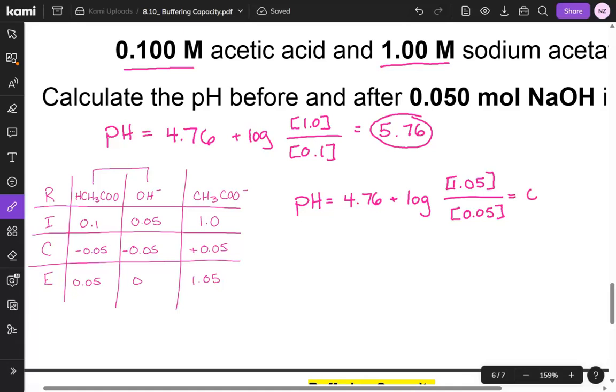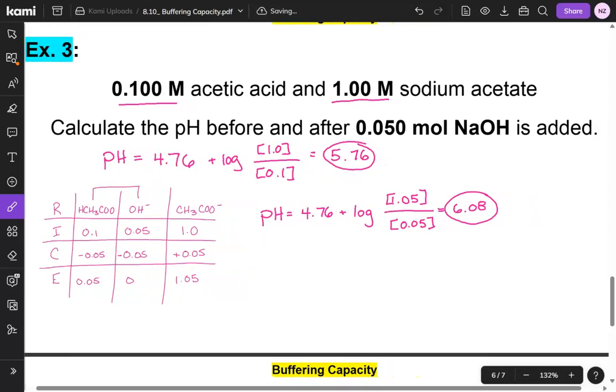So our pH here will be 6.08. Okay, so a slight increase in our pH. So we added a base, and we had a stronger concentration of our base.